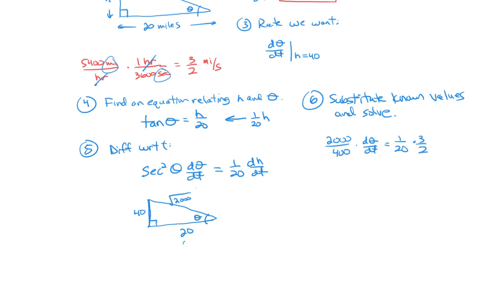So then we just do a little algebra here. If I want to get rid of this thing, I could multiply by the reciprocal. So basically we'll get d theta dt is equal to 1/20 times 3 halves times 400 over 2,000. And then we can clean this all up.